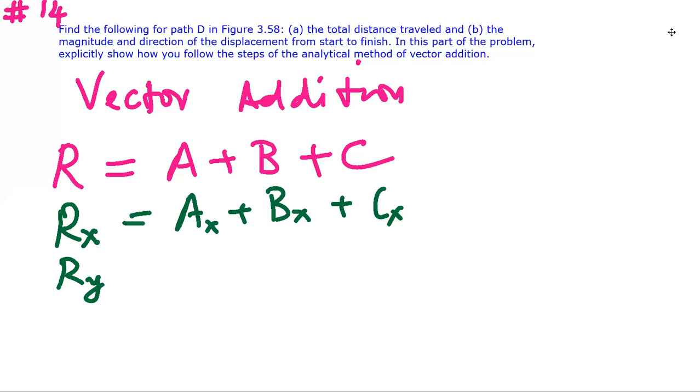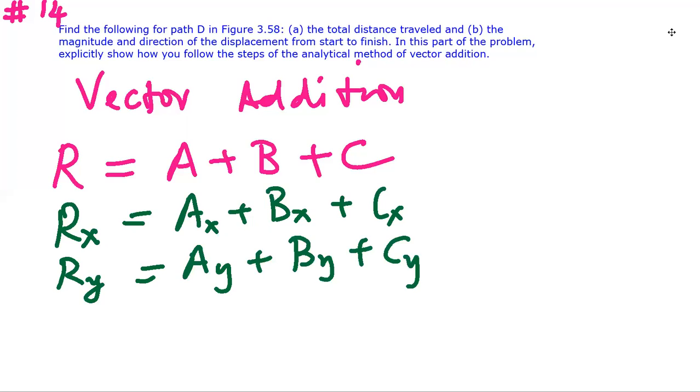R sub Y equals AY plus BY plus CY. So this is the mathematical form of what I just wrote on the previous slide. You find the X component of A, B, C, add them up to get Rx. You find the Y component of A, B, and C, add them up to get Ry.